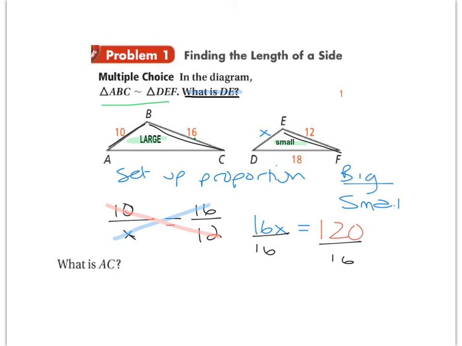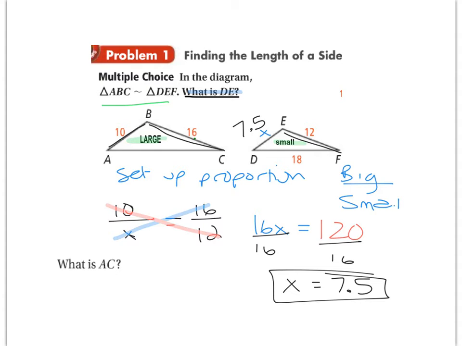And so 120 divided by 16, I end up getting X equals 7.5. And that was for this side DE. Always make sure your answer is logical. If you take a look at those two triangles, 7.5 is a reasonable answer there, okay? As we move on in this problem class, it's now asking me to find AC.